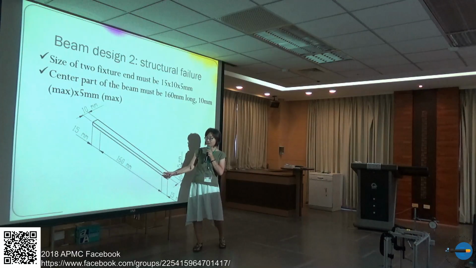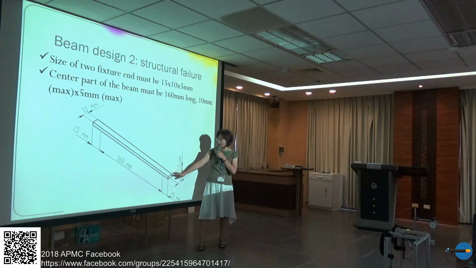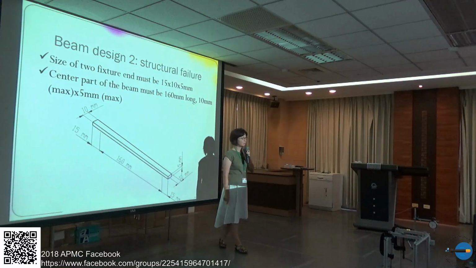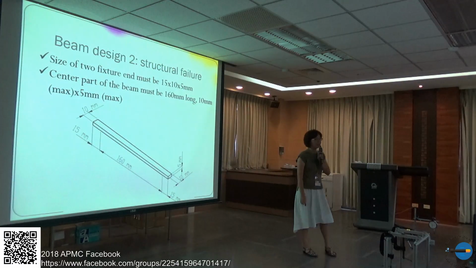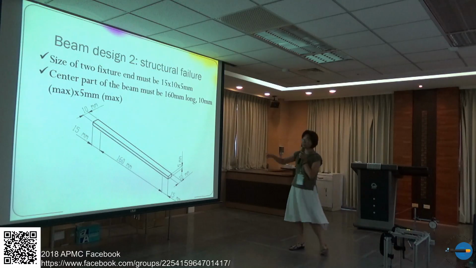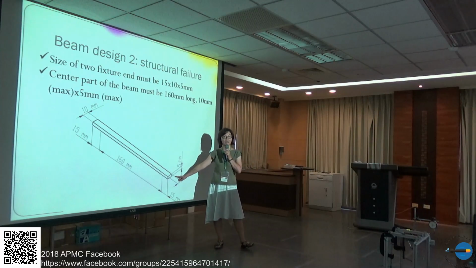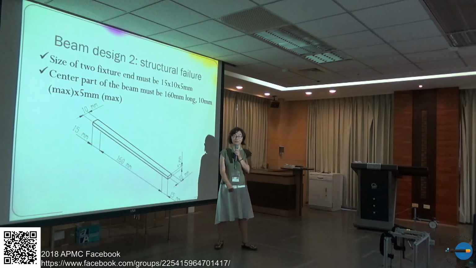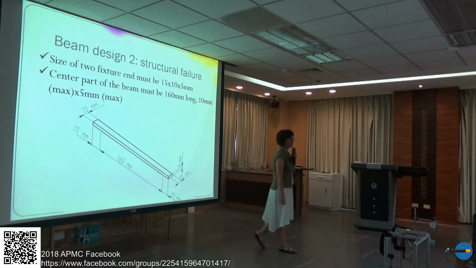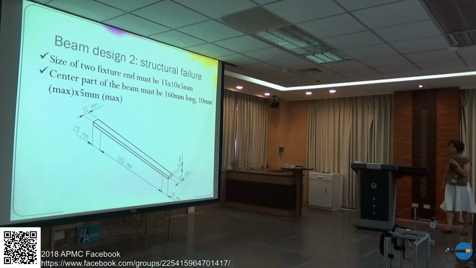Okay, the thickness maximum is 5 millimeter, and the width is 10 millimeter. Okay, and before 7, you must print out this standard sample for the test. Okay, we will make the failure test. Okay.